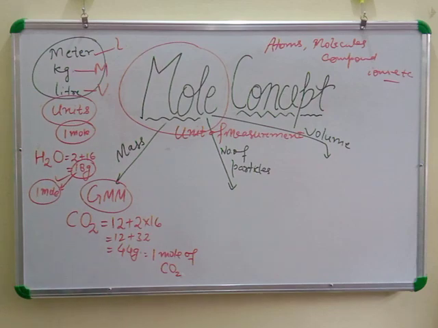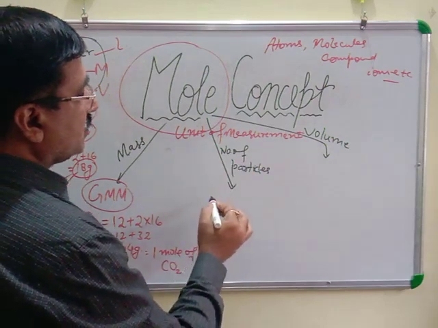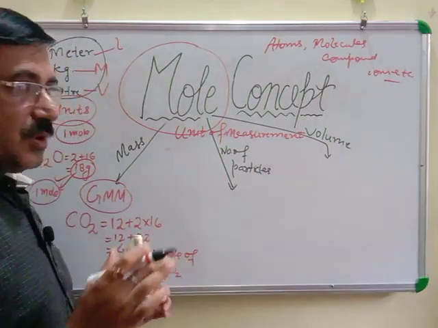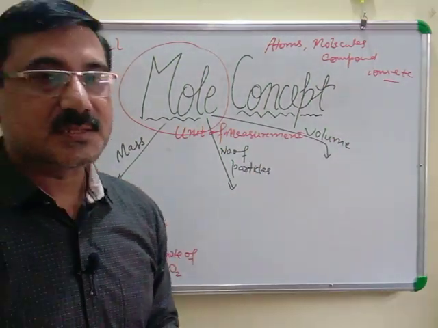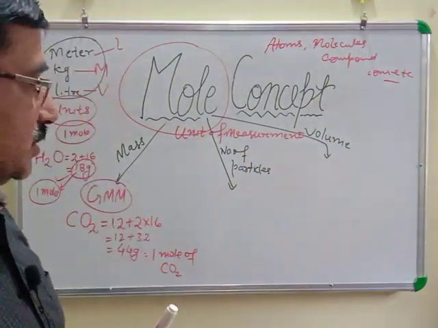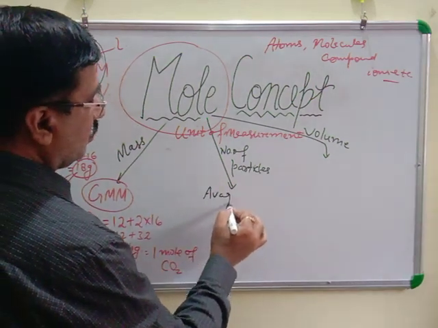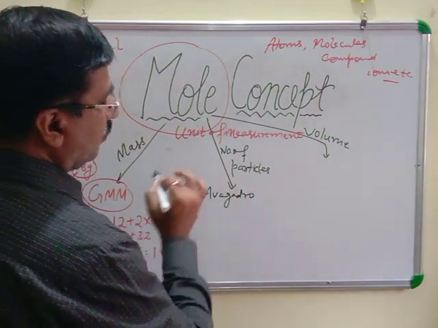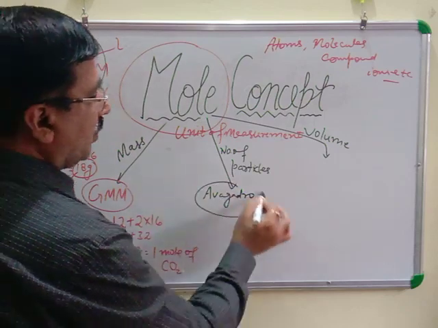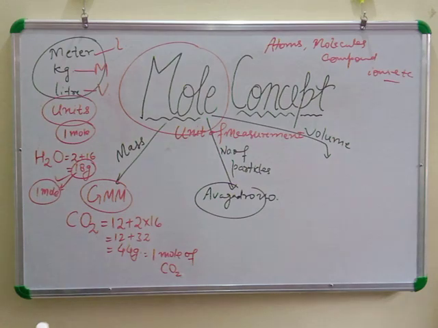Second thing, I have written number of particles. Let me tell you children, it is not easy to measure the particles in 1 mole of a compound, but Avogadro number is used to measure the number of particles in 1 mole.